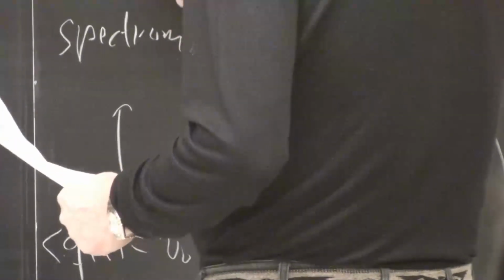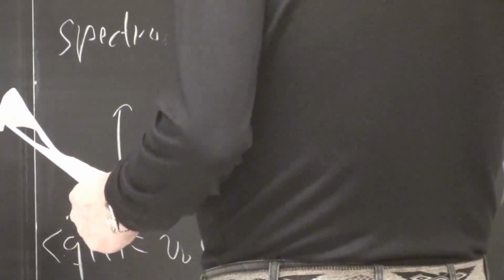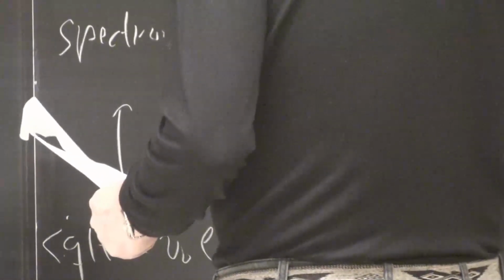And this is the so-called Lorentz line. And this is actually what you measure in neutron scattering.